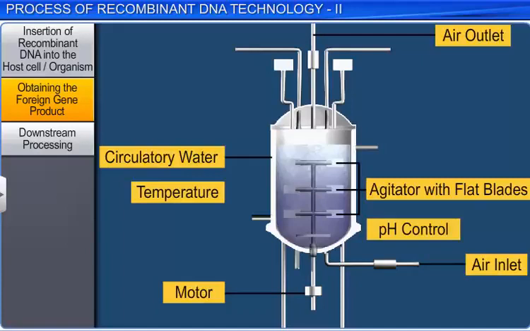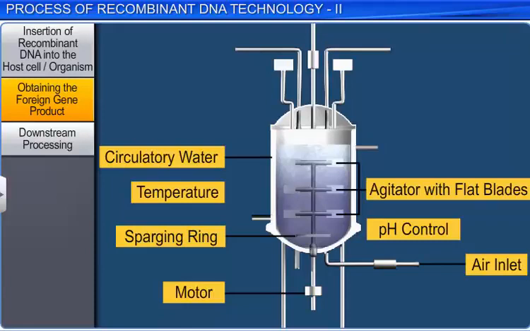For proper aeration, air can be forced in at the bottom of the tank through a porous ring called the sparging ring by a process called sparging. Moreover, there is an outlet to remove air and waste gases at the top of the tank. The top of the tank also has a number of inlet tubes called ports, through which materials can be introduced or withdrawn.